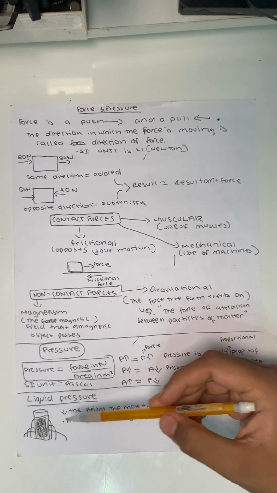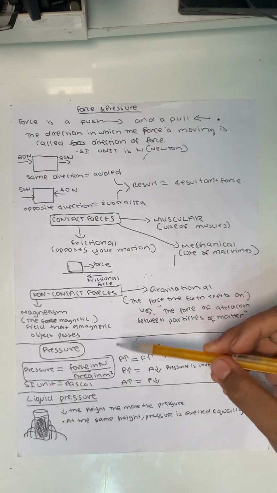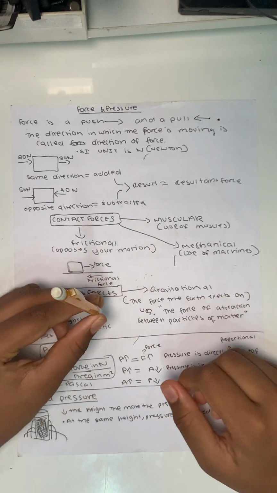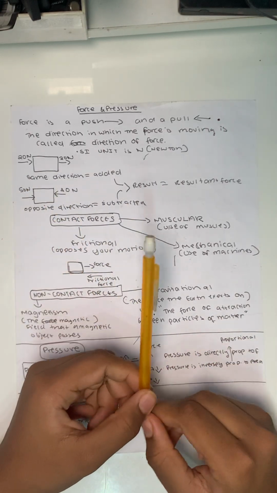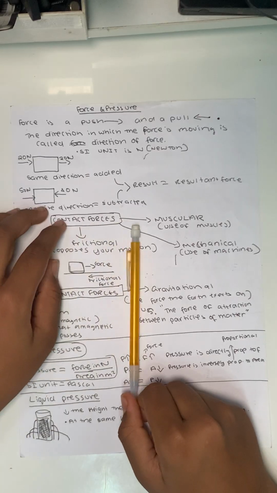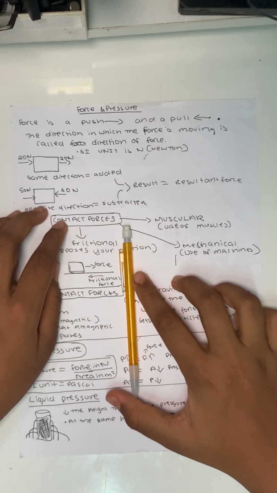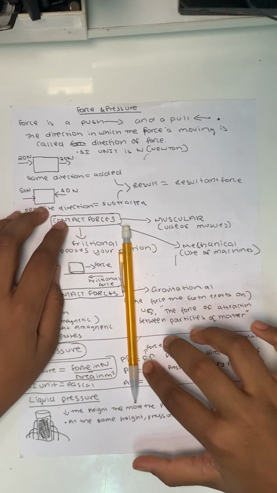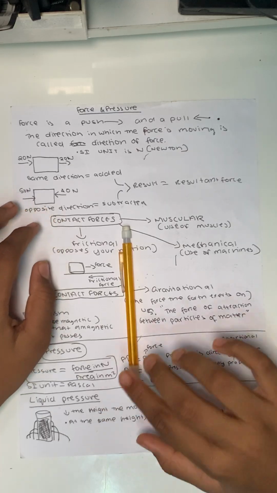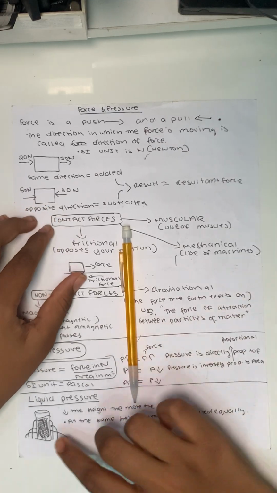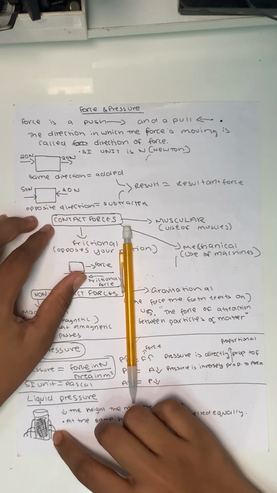Liquid pressure: the lower the height, the more the pressure. So if I have a bottle like this with three holes, one here, one here, one here, the hole at the bottom will throw out the water the farthest, like I have done in the diagram here.